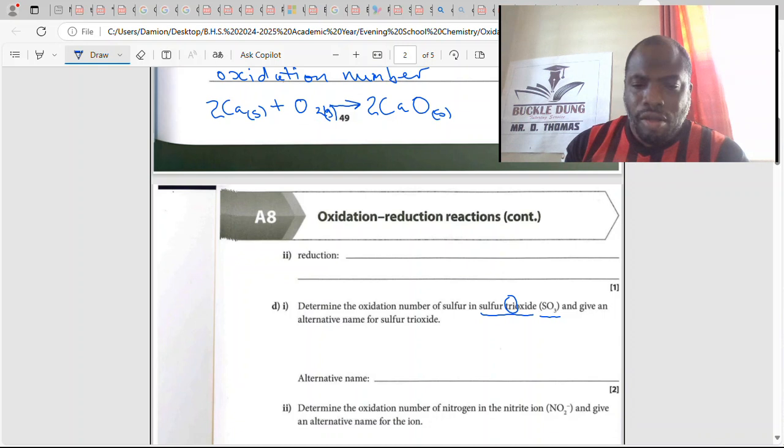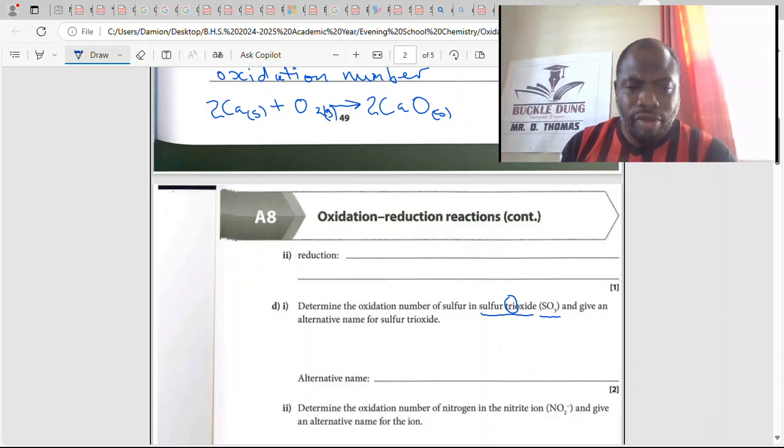Oxygen. And what is the rule about oxygen? With our oxidation of -2, wonderful.